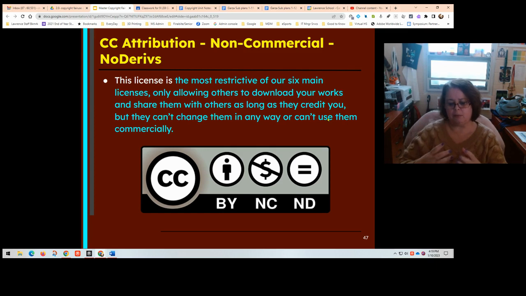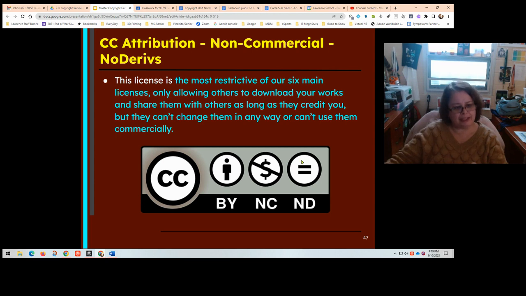So again, if I'm making a movie and I use a song with this license on it, I can't change the song in any way, whoever sung it, whatever tempo, you can't change the lyrics, nothing like that. And I can't make money off of mine, and I have to say who the original creator was.